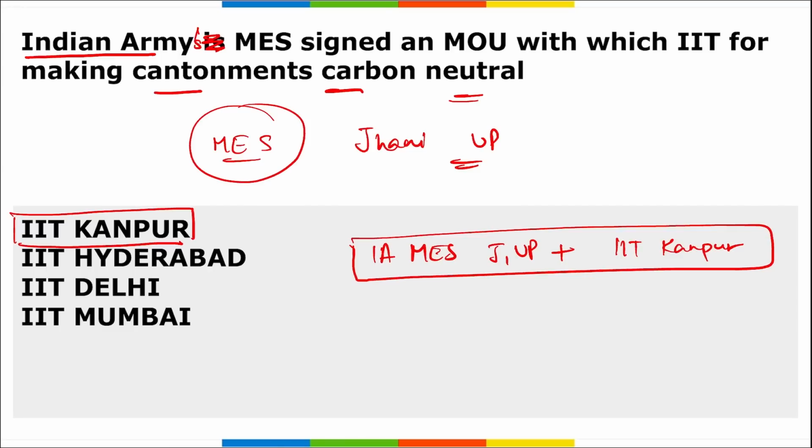Right? Also, the transformation of army cantonments will be done on the basis of crucial parameters of net zero, including energy resource consumption, carbon footprint, sustainable alternatives adoption, etc. This initiative will not only help in reducing carbon emission but also in conserving the natural resources.